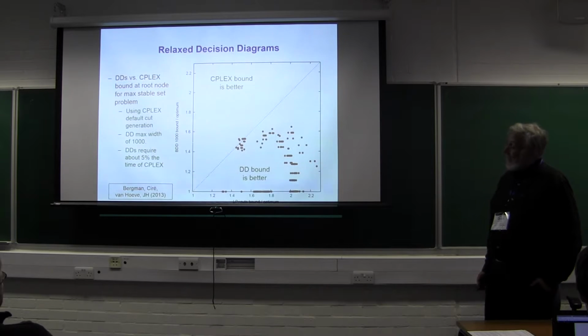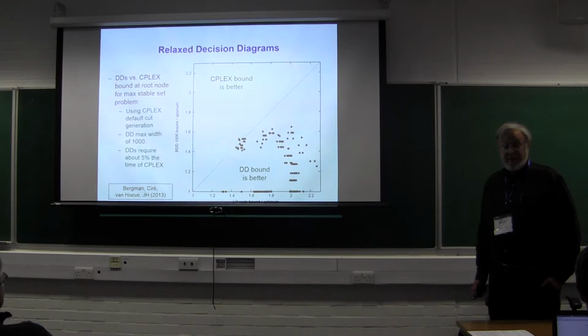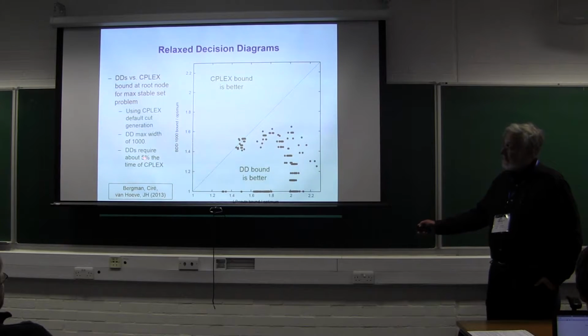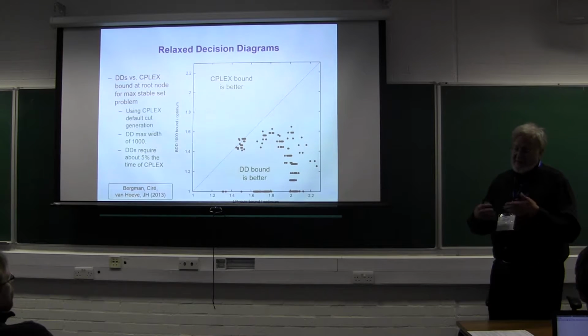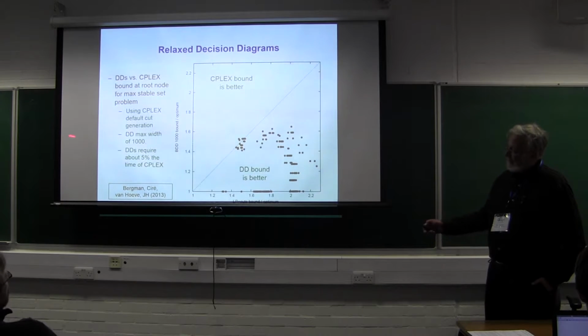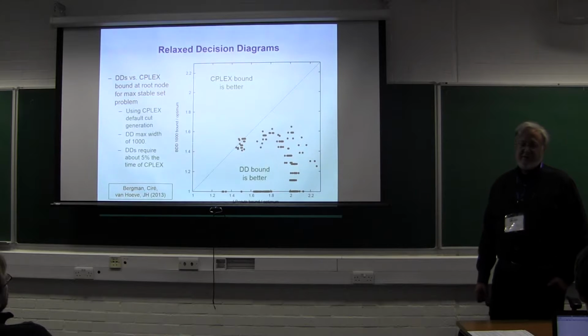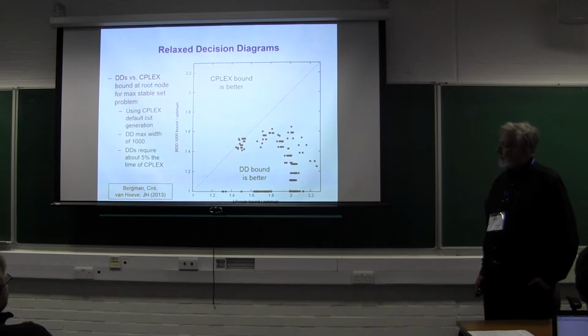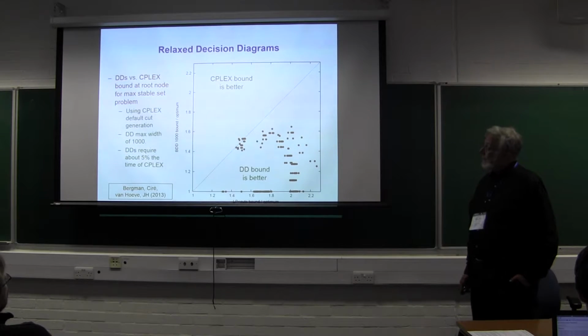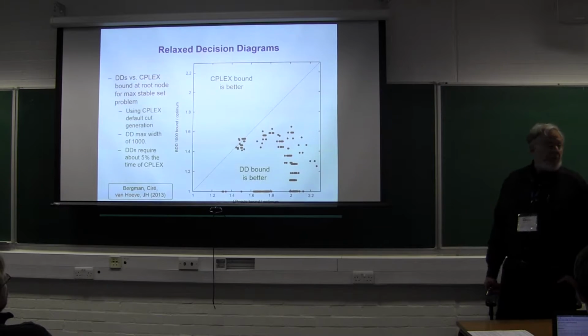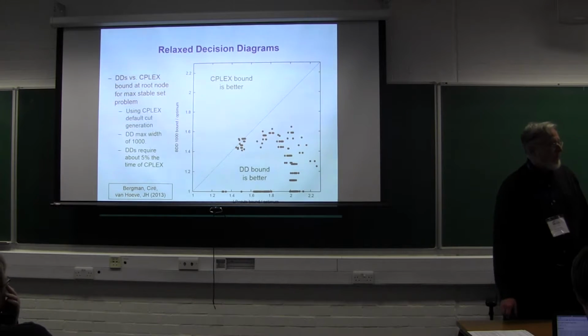Now you might ask, yes, but how much time does it take to create this relaxation? Actually, it's much faster. Decision diagram relaxation can be quickly compiled, whereas generating all these cutting planes, separation algorithms, is time consuming. For which kind of problems can you expect this kind of result?